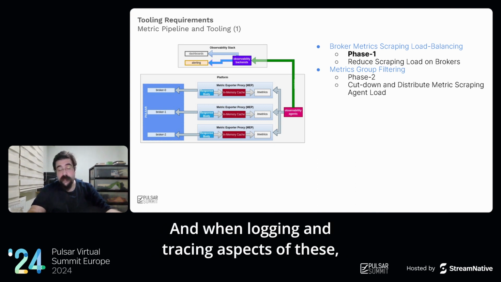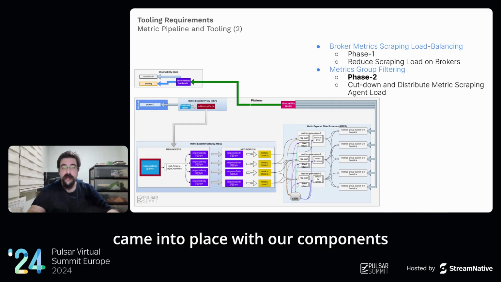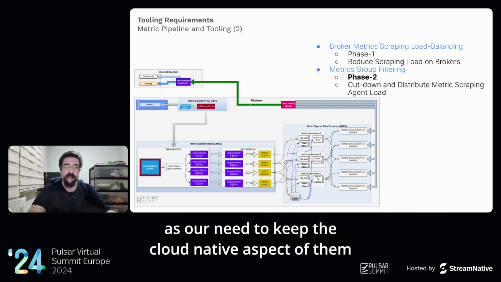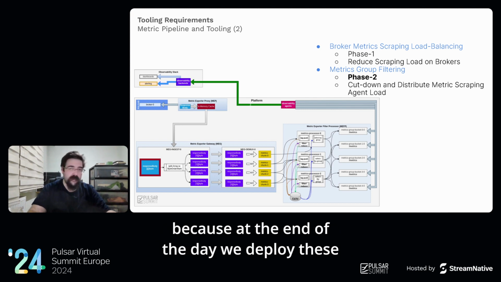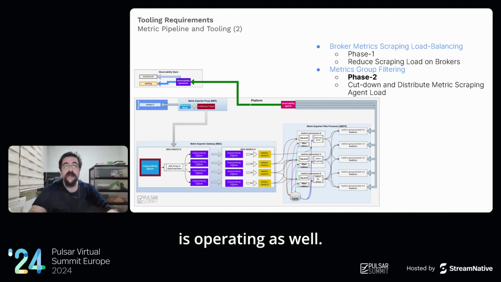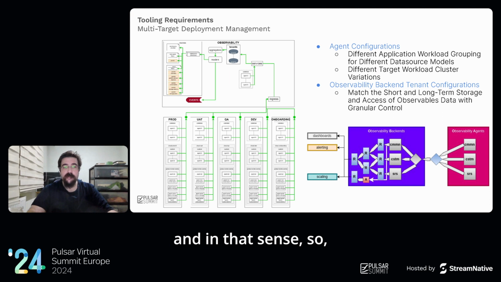And when logging and tracing aspects came into place, with our components ever growing more complex, as well as our need to keep the cloud native aspect of them, because at the end of the day we deploy these into Kubernetes clusters where our Pulsar is operating as well, well, we needed to adapt.